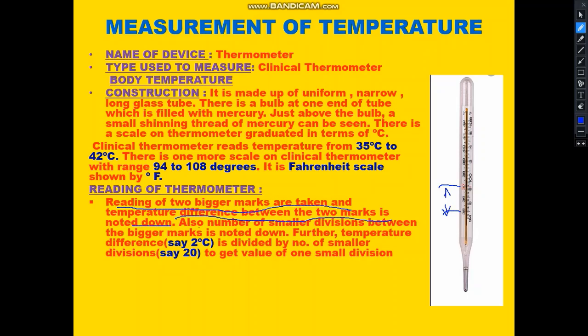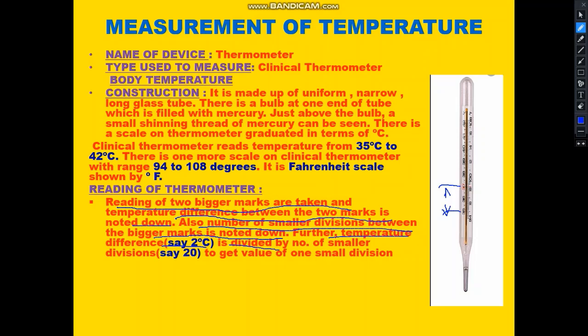Next, the number of smaller divisions between the two bigger marks is also noted down. If the view is clear, you can see from 35 to 37, there are sets of 10 markings. So, total 20 divisions are there between 35 to 37. Further, the temperature difference, which we have already explained, is 2 degrees Celsius in the present case.